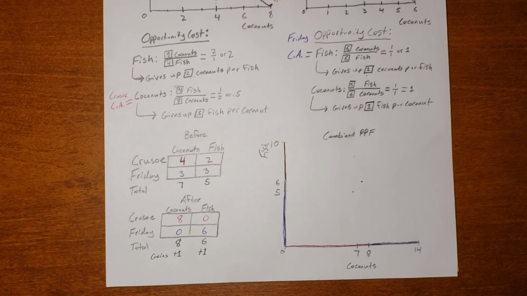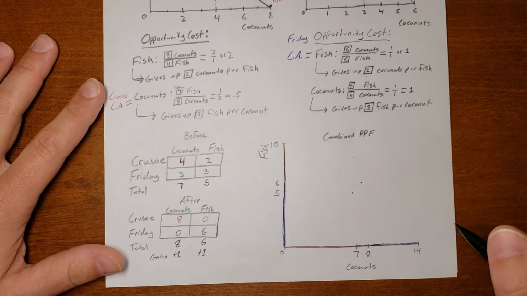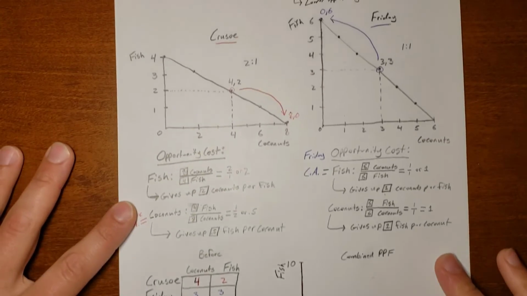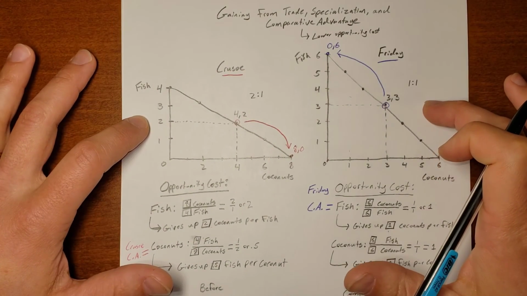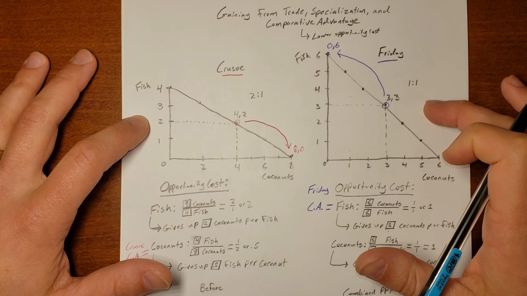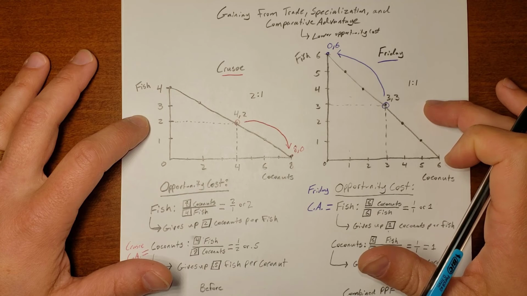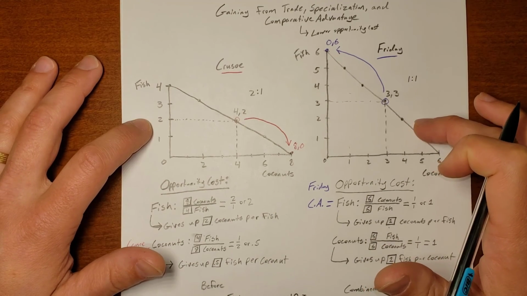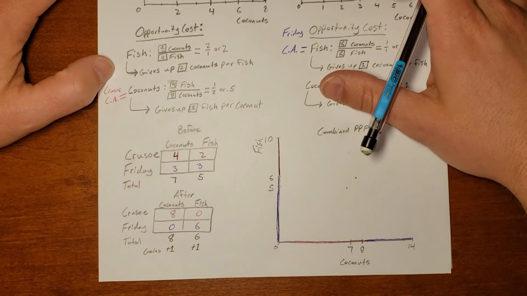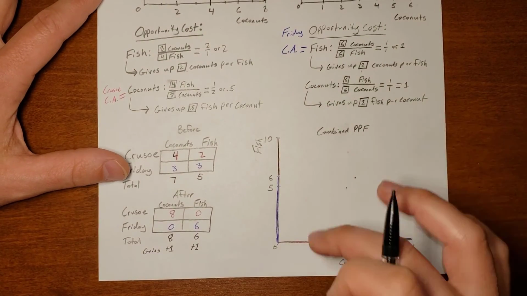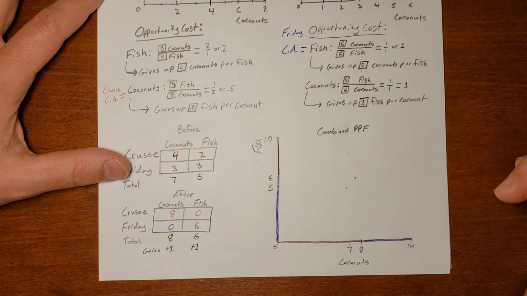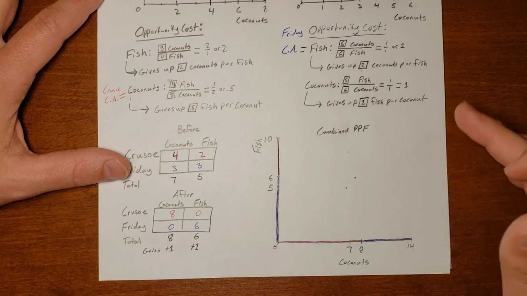Now, the final idea I'd like to go over is the idea of the combined production possibilities frontier. What we're doing here is treating Caruso and Friday, rather than like 2 independent producers, as if they're 1 unit or 1 firm or a single economic unit. So we're looking at how many combined fish and coconuts Caruso and Friday could produce if they were producing together.